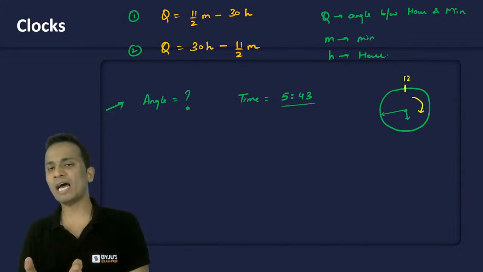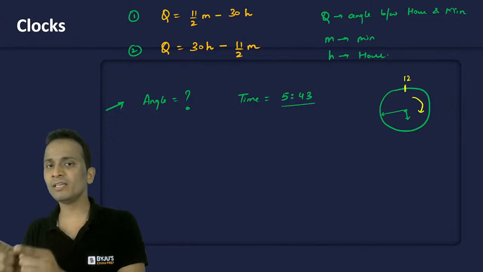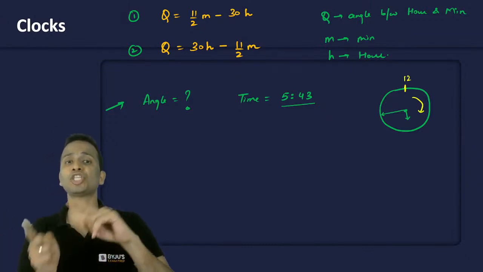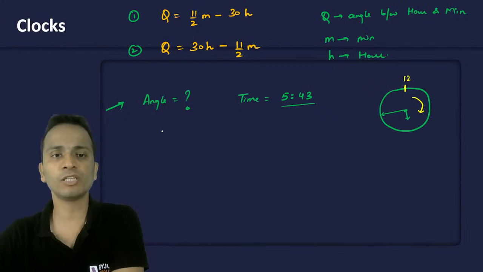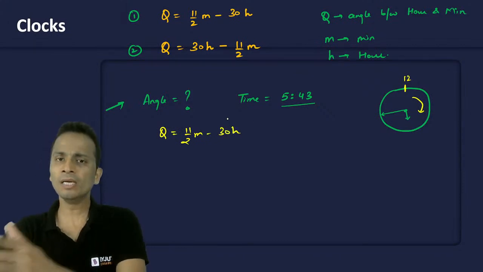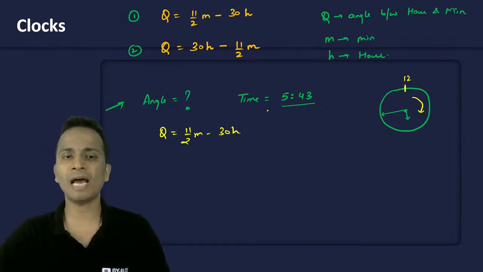So if hour hand comes first in the figure, then h should come later in the formula, and I'll be using the formula theta is equal to 11 by 2m minus 30h. Now substitute the value of m and h, you will get the value of theta.